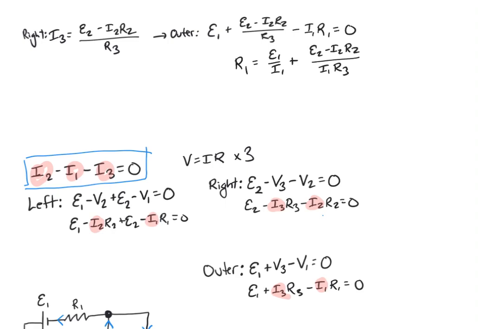This is supposed to be I1, and this is supposed to be R1. Oops, and this is also supposed to be R1. Now what I can do is, this is I1 in terms of I2.